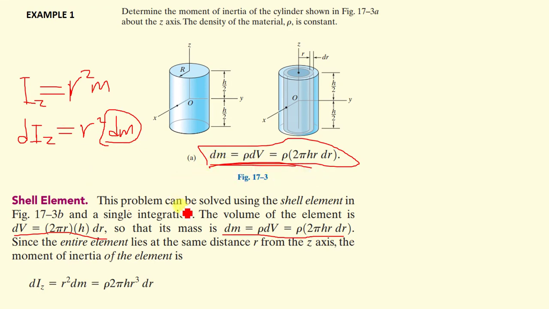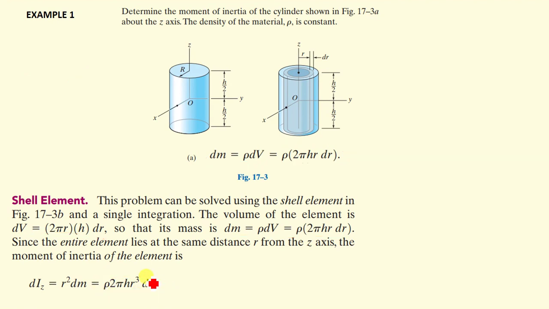So while there is dm, we can put rho dV, or we can put this. Here we are using h, so I'm not using y or z, using h in this case. So in this expression, wherever there is dm, we simply replace it with that, then we have our expression to look like this.